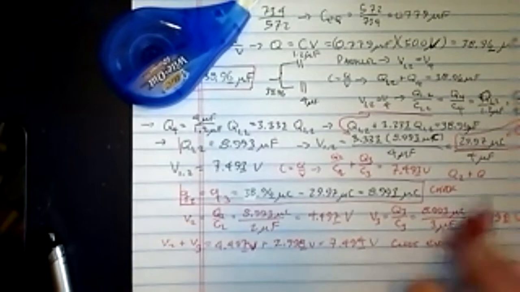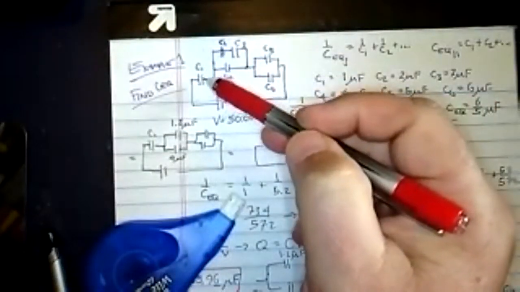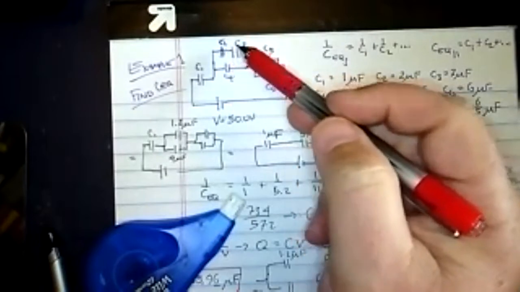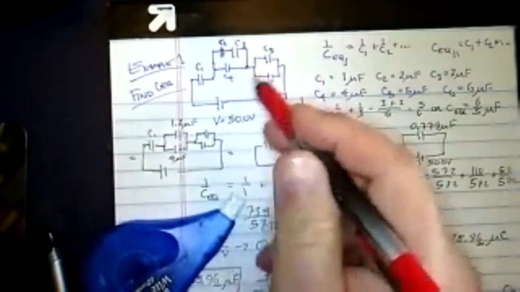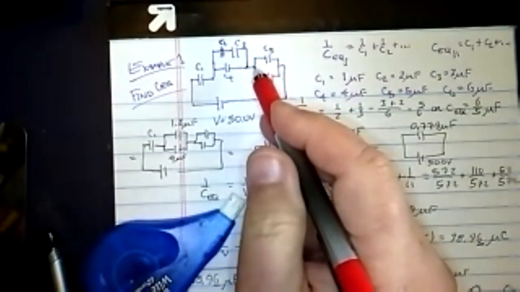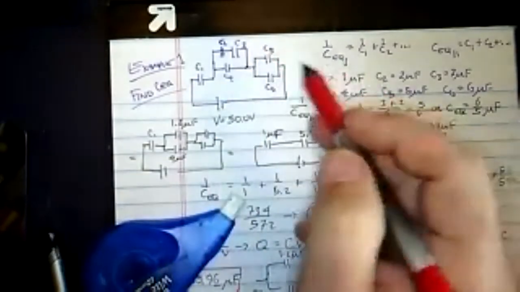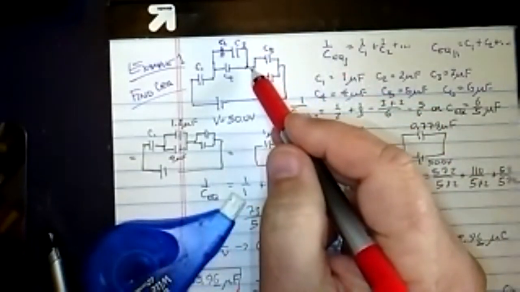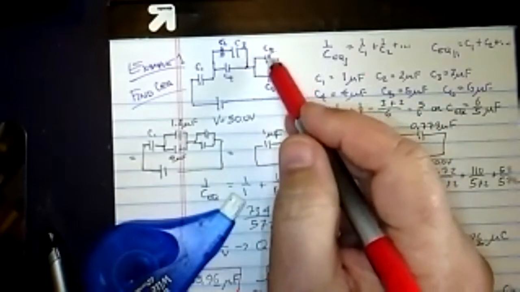So now I have figured out the charge on capacitor 1, on capacitor 2, on capacitor 3, and capacitor 4 now. All that's left now is, remember, we had the same thing going on here. 38.96 microcoulombs is going to come across here, and a certain fraction of that's going to here and a certain fraction of that's going to here.